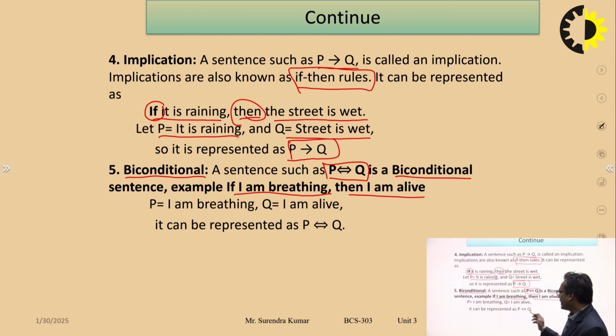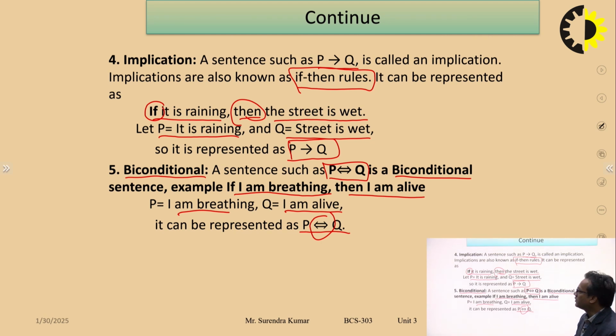You can write it as P, I am breathing, Q, I am alive, because if you are alive, it is satisfied from both sides, not a single side. If I am breathing, then I am alive, or if I am alive, then I am breathing. The condition is satisfied from both sides. That's why this is a double implication, a biconditional statement or proposition.